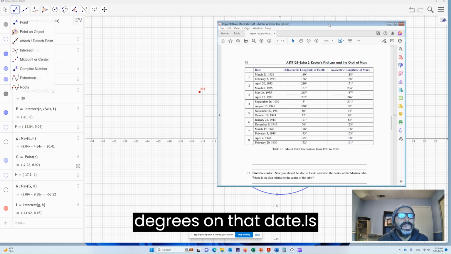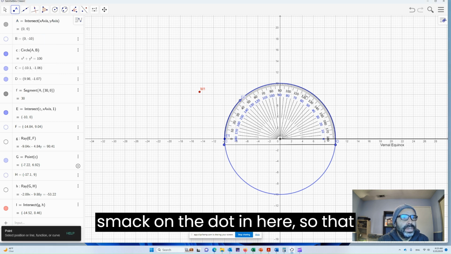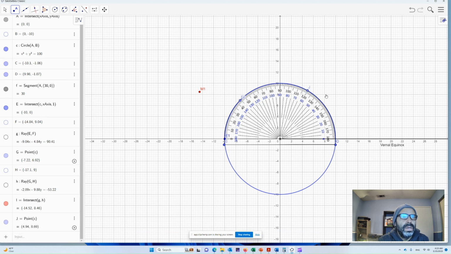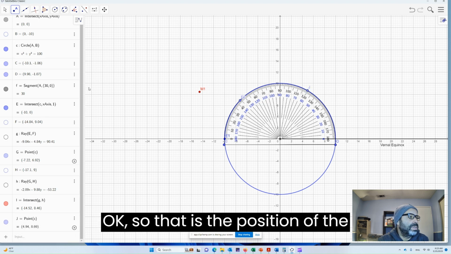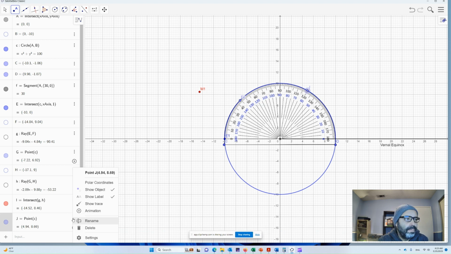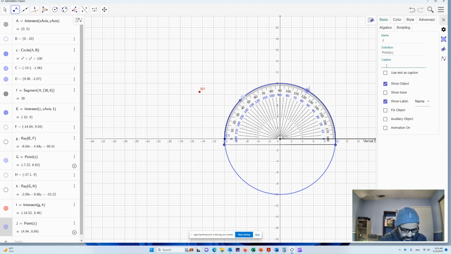So 60 degrees on that date is here, smack on the dot. That is the position of the Earth. Remember, we called this one E9, in settings. So this is going to be E9.